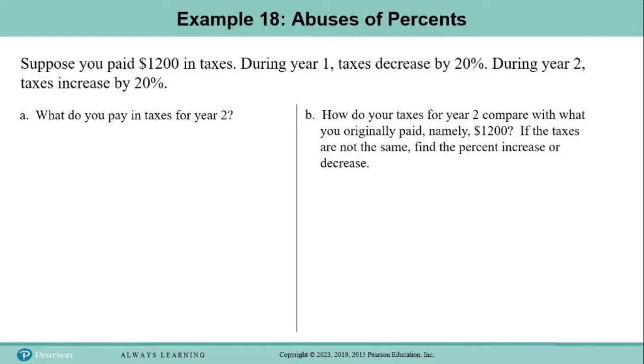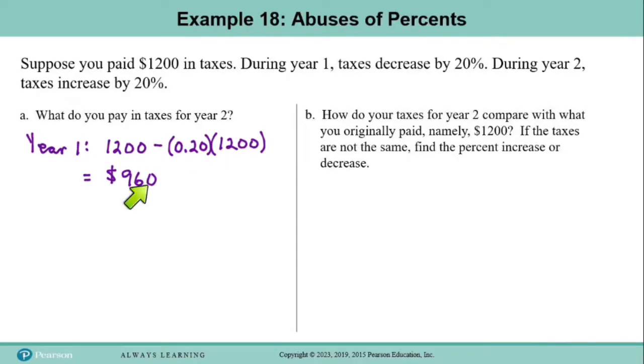So we'll start with year 1. In year 1, taxes decreased by 20%. So we're going to get a little discount. So for year 1, our taxes would be the $1,200 that we paid last year minus 20% of what we paid last year. So that would end up being $960.